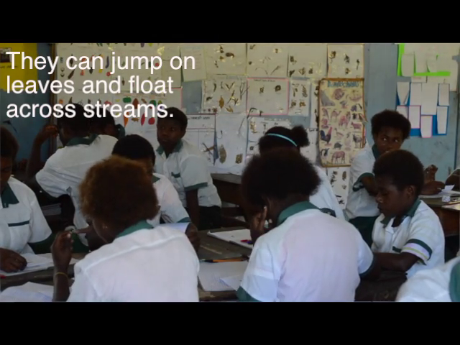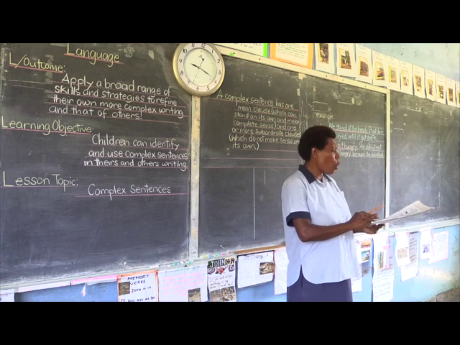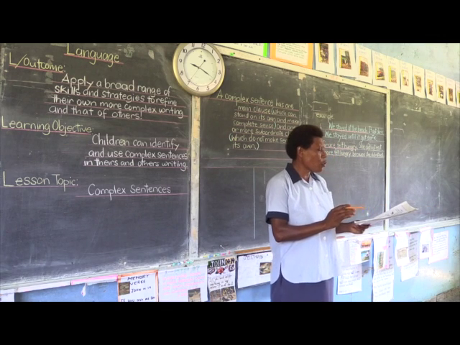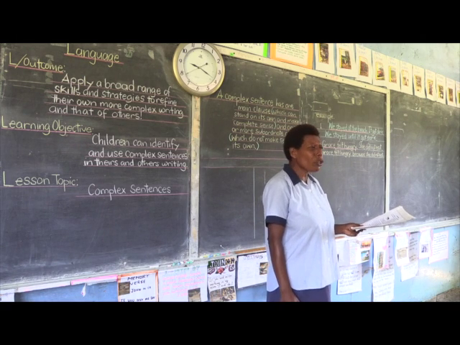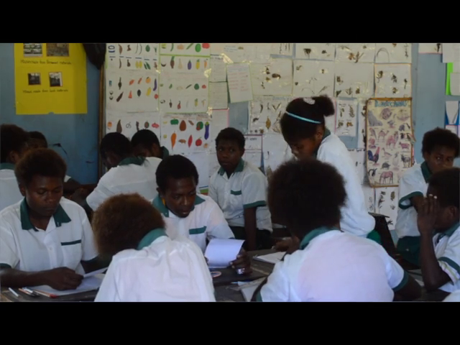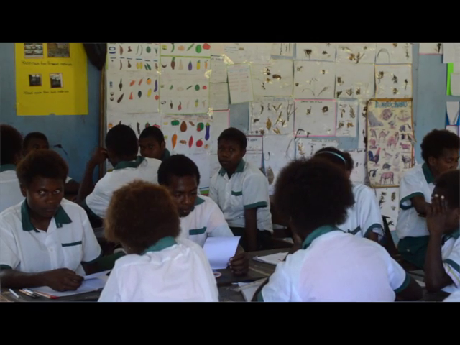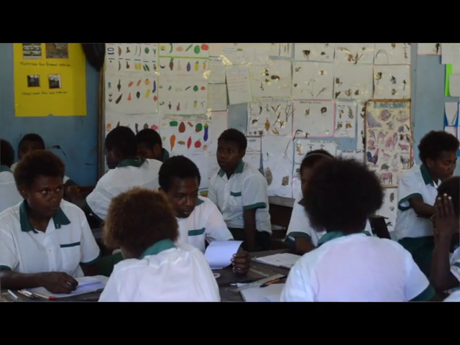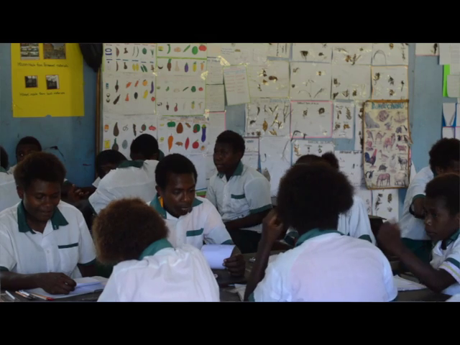Very good. That's a compound sentence. How do you know that sentence is a compound sentence? Because of the joining word and. Very good. Because of the joining word, or the conjunction, which is and.